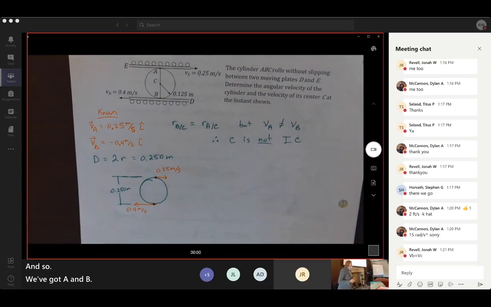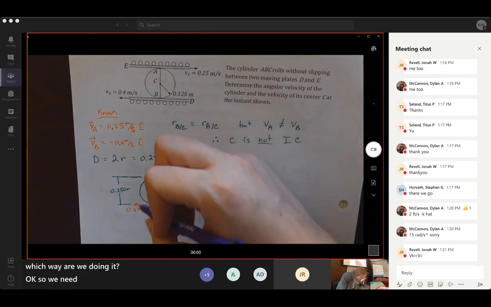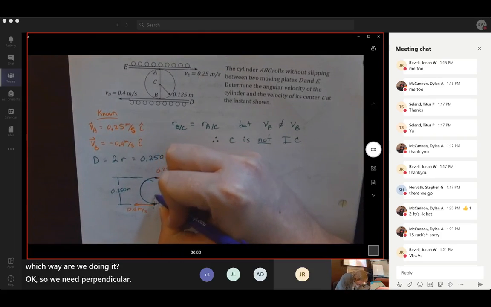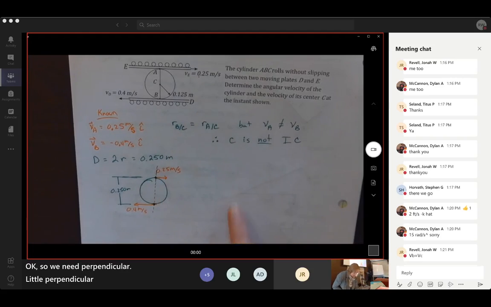Which scenario is this? We have two parallel velocities, so it's our third scenario from the previous page. So what do we need to draw? A line through both velocities, perpendicular to them.